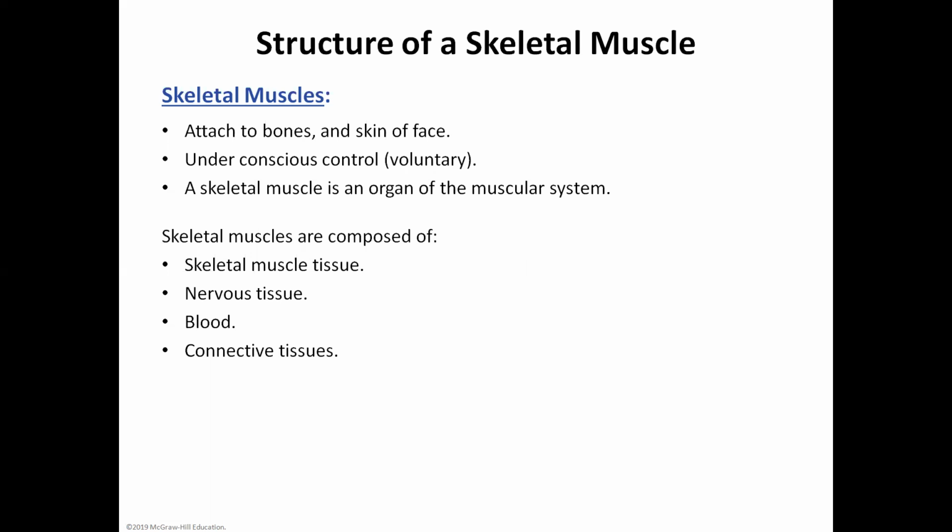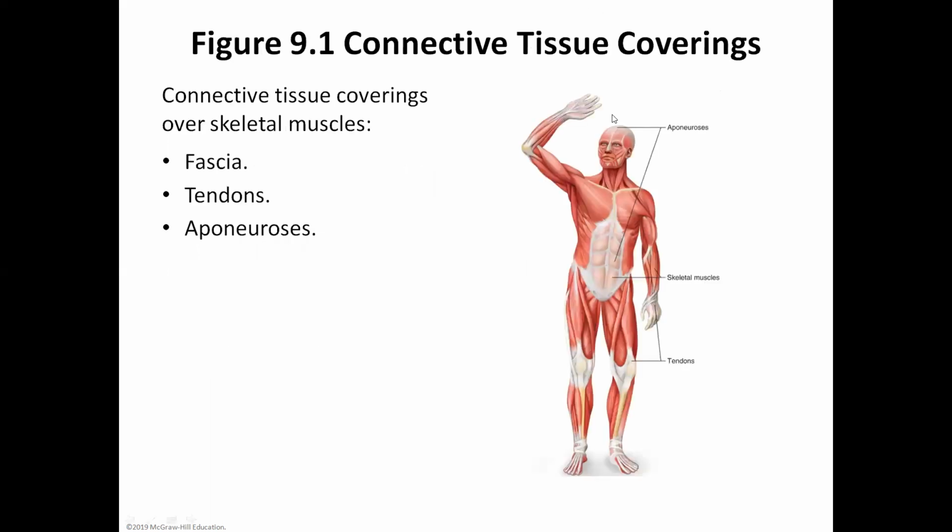It has muscle tissue. It also has to be innervated, meaning that you have to have nervous system control in order to make it work. It also will have blood, and it'll have different types of connective tissues linking it to the bone. We'll discuss those more in just a moment.